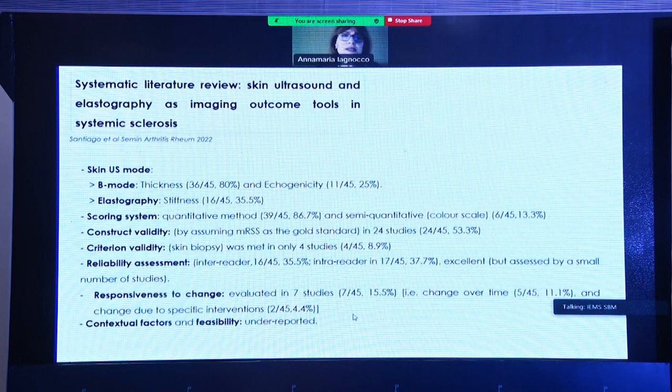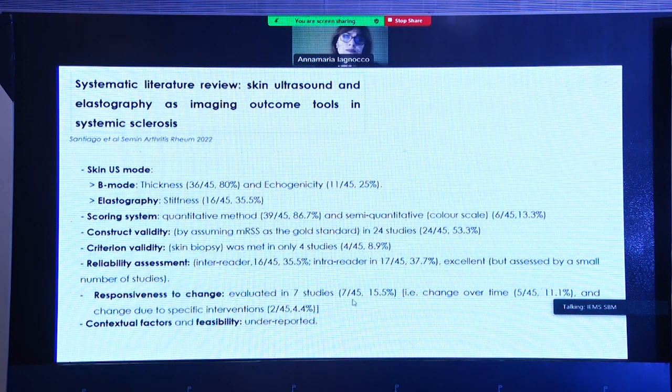The studies that were evaluated were mostly focused on the B-mode and elastographic assessment of the skin, and different techniques were applied.